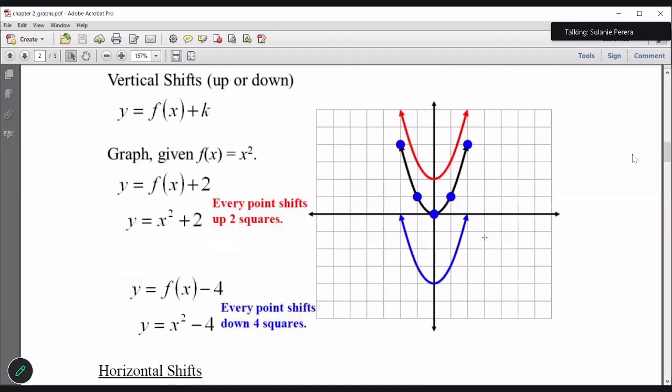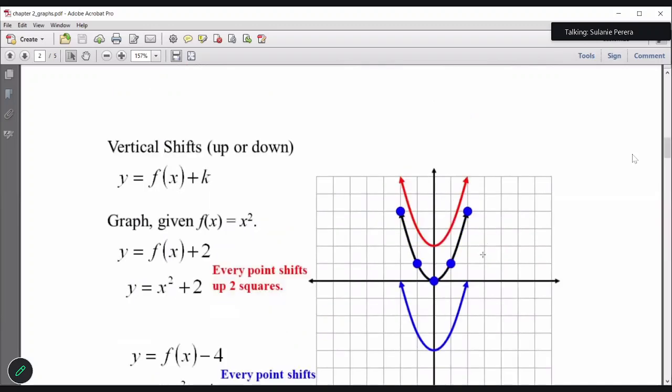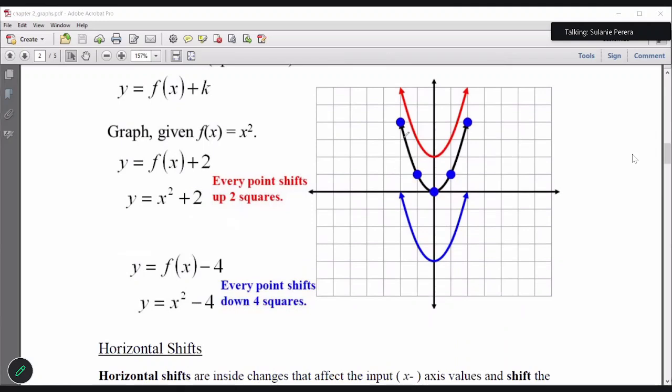Then we have vertical shifts. If you have y equals f(x), how do you plot y equals f(x) plus 2? If this is x squared, you all know how to plot y equals x squared. So this is the graph y equals x squared. How can you plot y equals x squared plus 2?